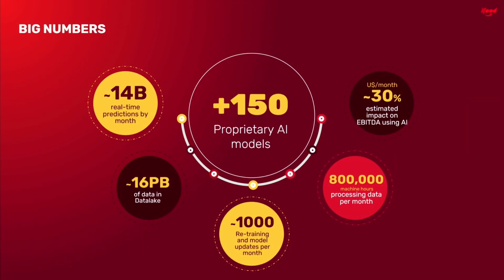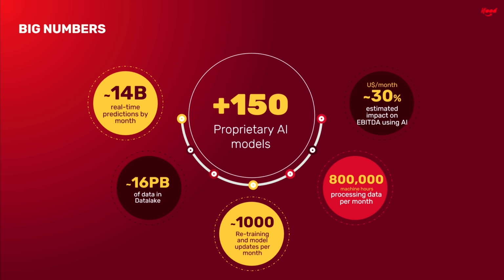To give a better perspective of how much data we handle on a daily basis, we have more than 150 proprietary AI models, resulting in 14 billion real-time predictions, which makes our delivery routes better, reduces errors, and creates this excellent user experience. We have a 16 petabyte data lake. We have more than 15,000 tables in our Unity Catalog.